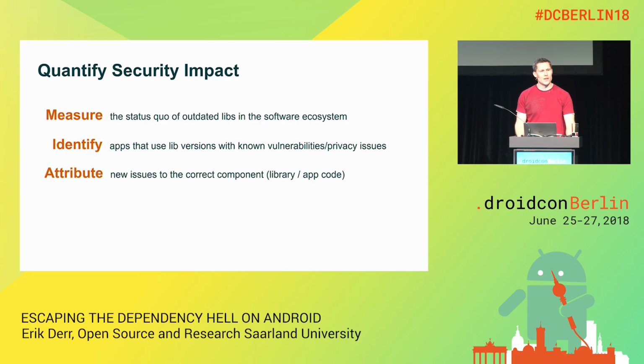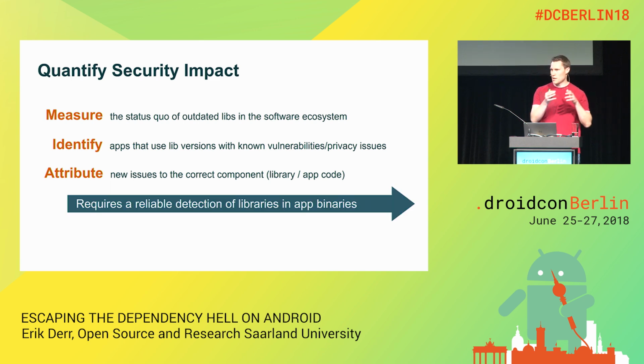Second, we need to identify those applications that use library versions with known security vulnerabilities and known privacy issues. And third, whenever a new application analysis comes out, we want to make sure that we can attribute the results to the correct components, either the application code or some third-party code.